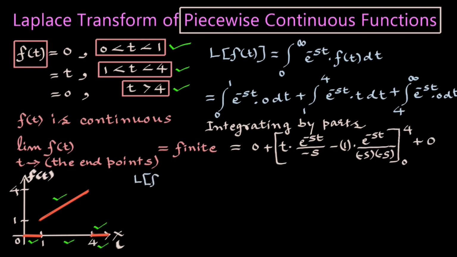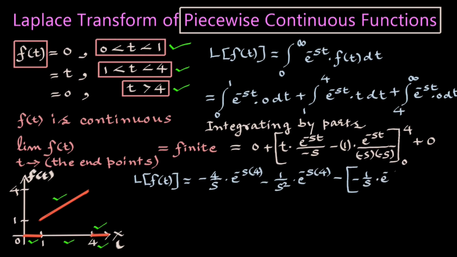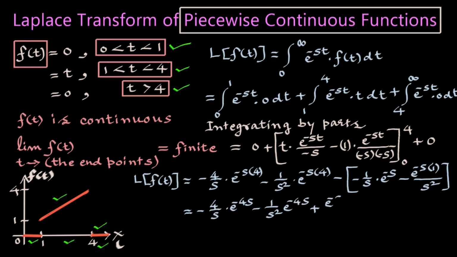So L(f(t)) will be minus 4 upon s e raised to minus s into 4 minus 1 upon s square into e raised to minus s into 4 minus 1 upon s into e raised to minus s minus e raised to minus s into 1 upon s square. This is minus 4 upon s e raised to minus 4s minus 1 upon s square e raised to minus 4s plus e raised to minus s upon s plus e raised to minus s upon s square.